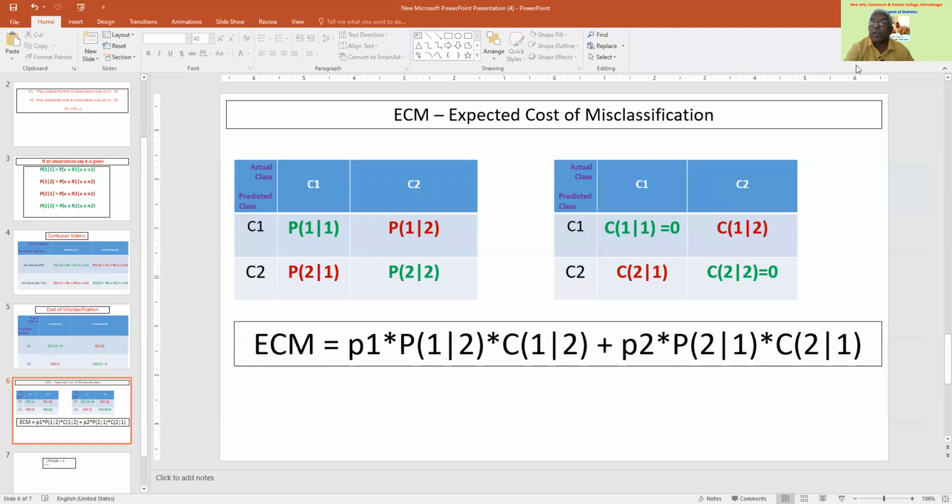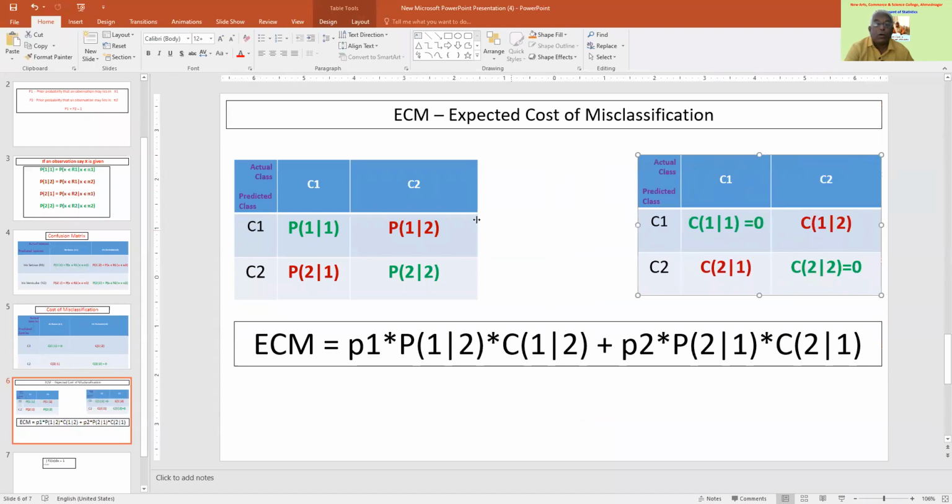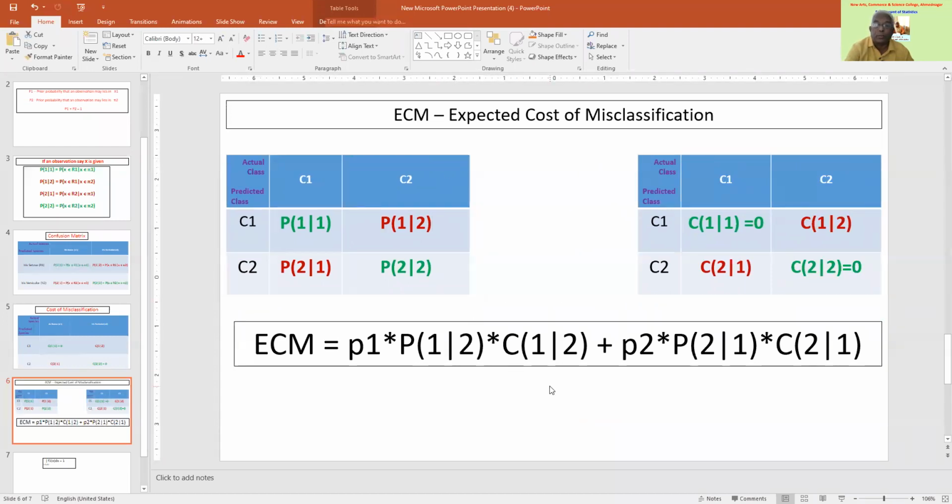Now, can you use your logic and tell me what should be the expected cost of misclassification? Do you expect the expected cost of misclassification should be maximum or minimum?